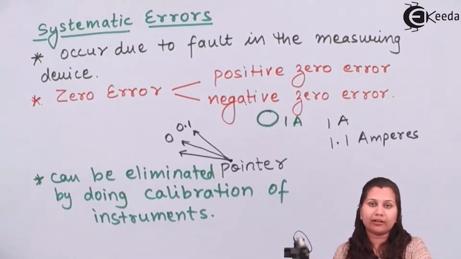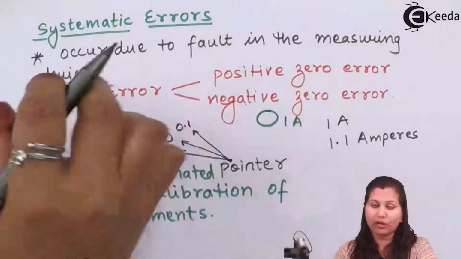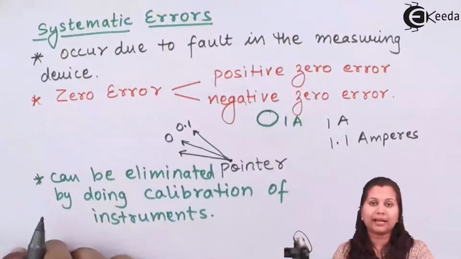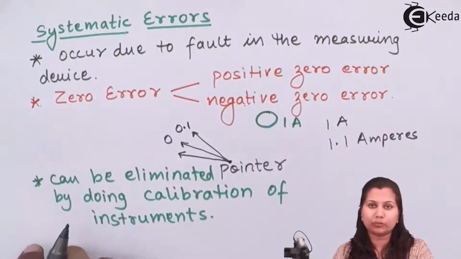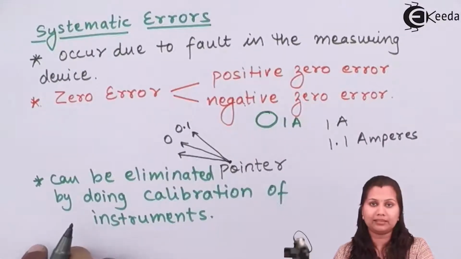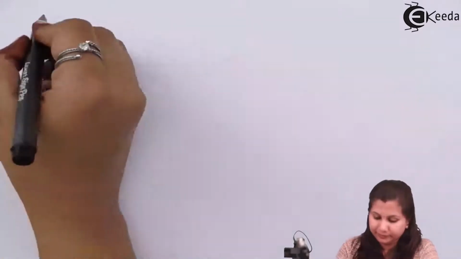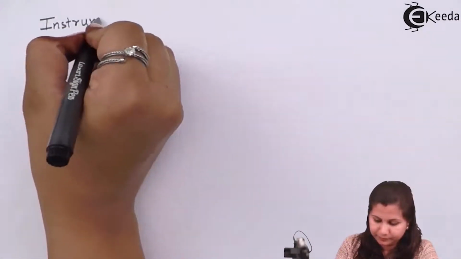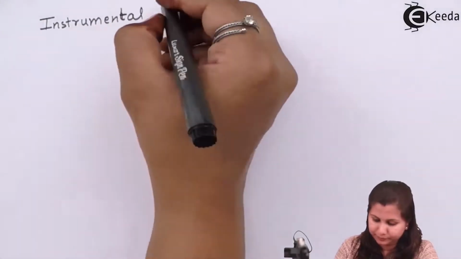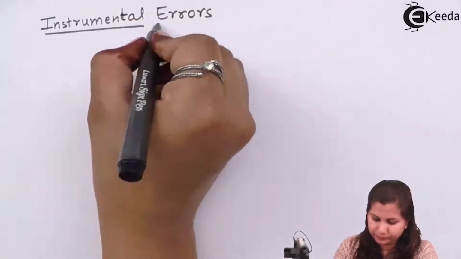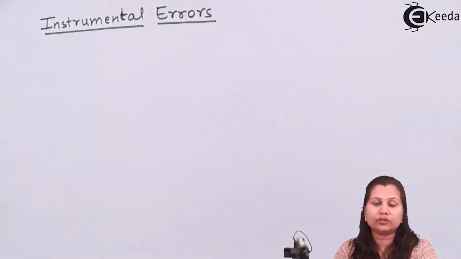Now, systematic errors, because they occur due to the fault in the measuring device, can be of three types. One is the instrumental error, second is the environmental error, and third is the observational error. Starting with the instrumental error: instrumental errors are those errors which occur due to the wrong construction of the measuring instruments.